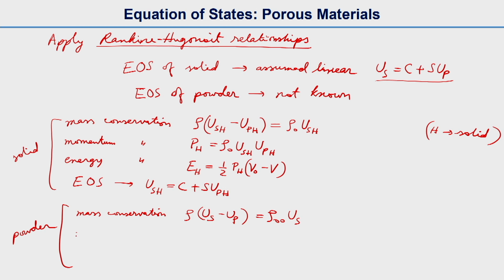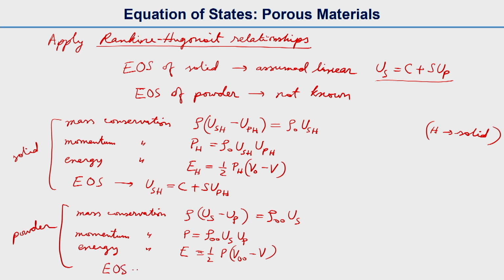So similarly for momentum and then energy conservation, momentum is P equal to rho double naught US UP, and energy is equal to half of P (V double naught minus V). And then US is what? So US is unknown, the equation of state is unknown.